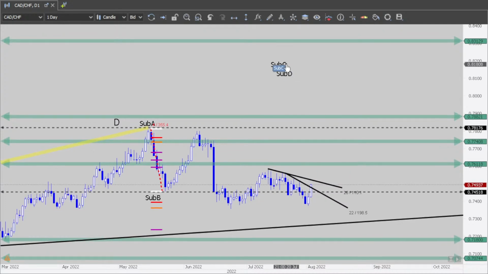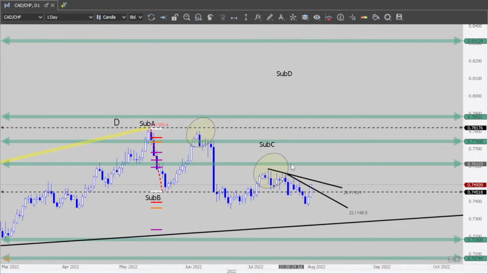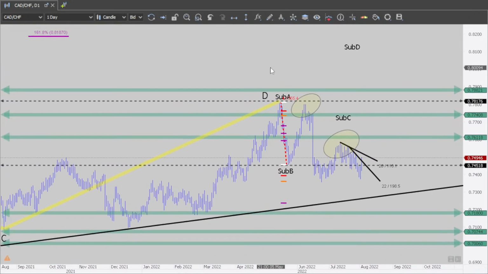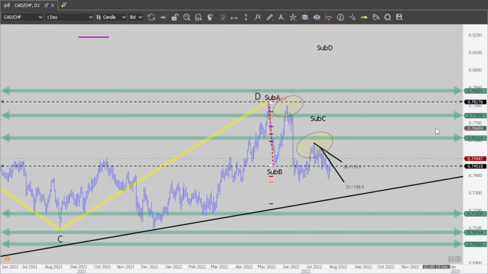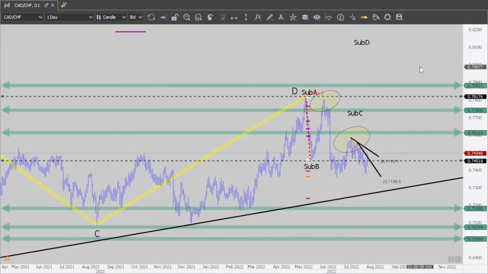Now, which one is our sub C? Is the first circle our sub C, everybody, or is the second circle our sub C? Yes, we are trying to understand if we are going to go long right now on the counter trend line or trend line, right?